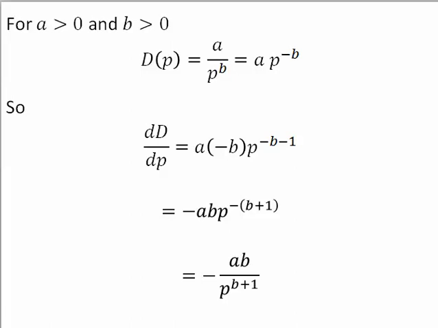Keep in mind, B is a number. You might think, let's say it's 5. So this is A times the price to the negative 5 power. Then take its derivative, clean it up, and rewrite it so that it doesn't have a negative exponent. If this page is hard for you, instead of A and B, just put in, say, 7 and 5, and you'll see how it works.